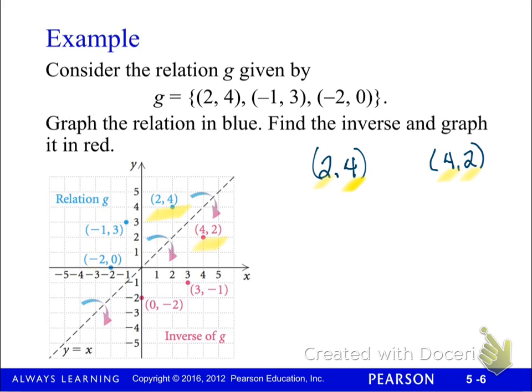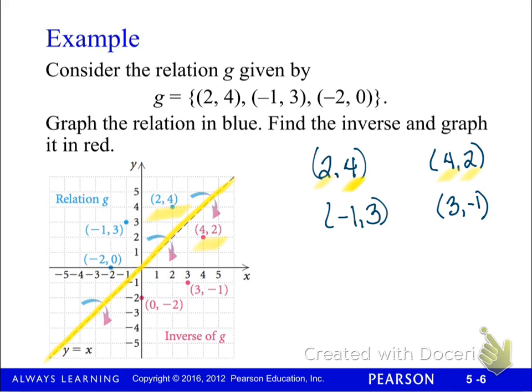So our next point that we have is (-1, 3). The inverse of that is going to be (3, -1). So we are simply reversing the x and the y. And you can see this line right here, the dotted line, that's called our identity line. And our inverse is always going to be a reflection across that line.